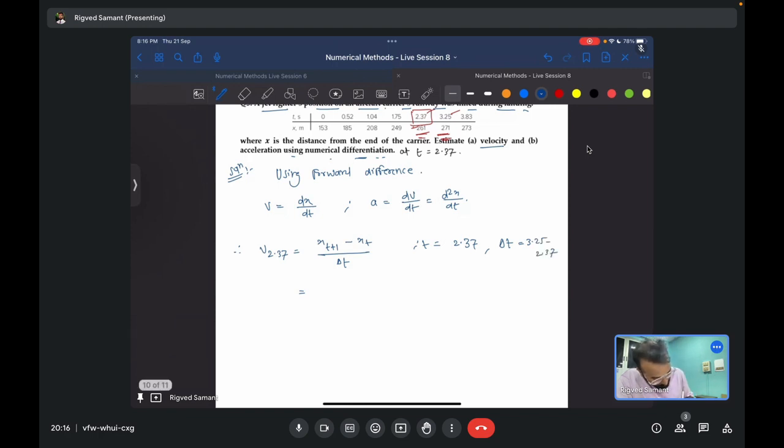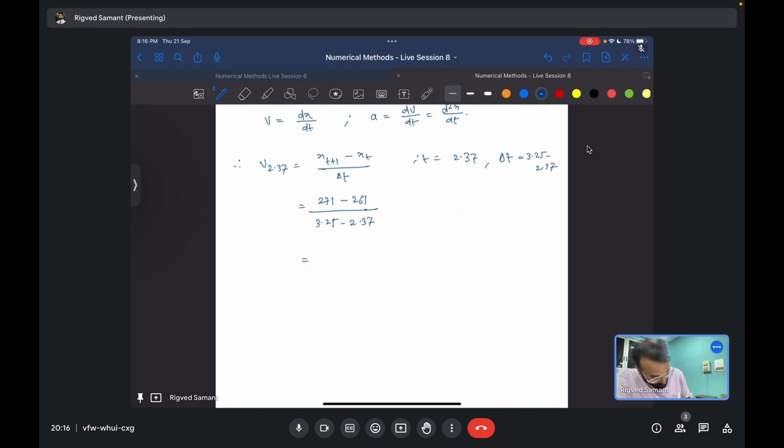So that's what we will write here: x at t plus 1, 271, minus 261, divided by 3.25 minus 2.37. So this is v at 2.37. You will get a value of 11.36 meters per second.